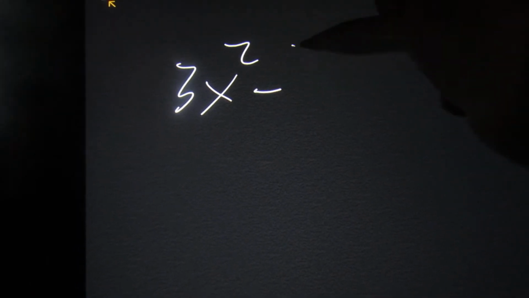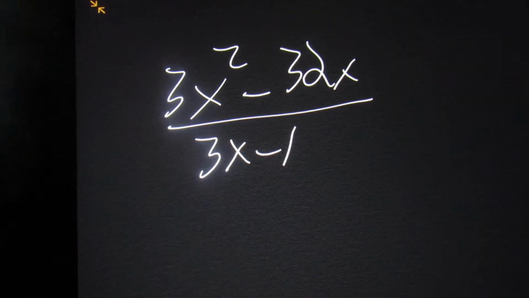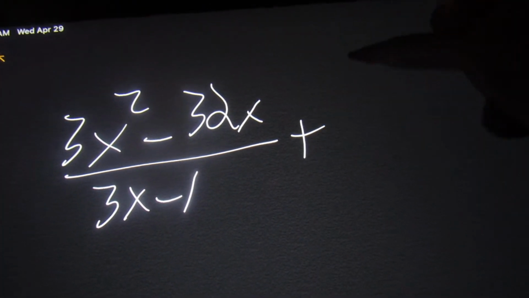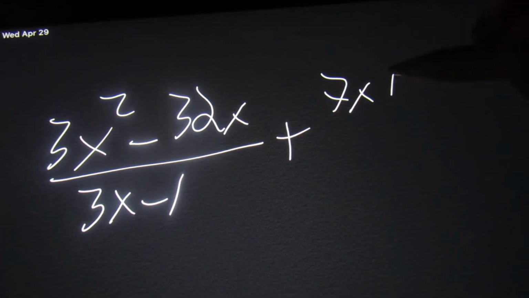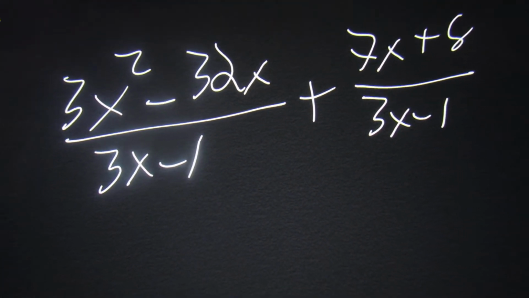So next, let's say we have 3x squared minus 32x over 3x minus 1 plus 7x plus 8 over 3x minus 1.